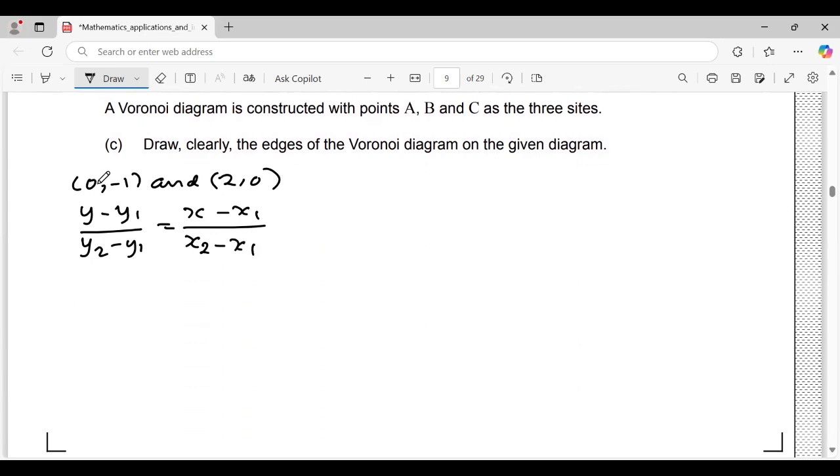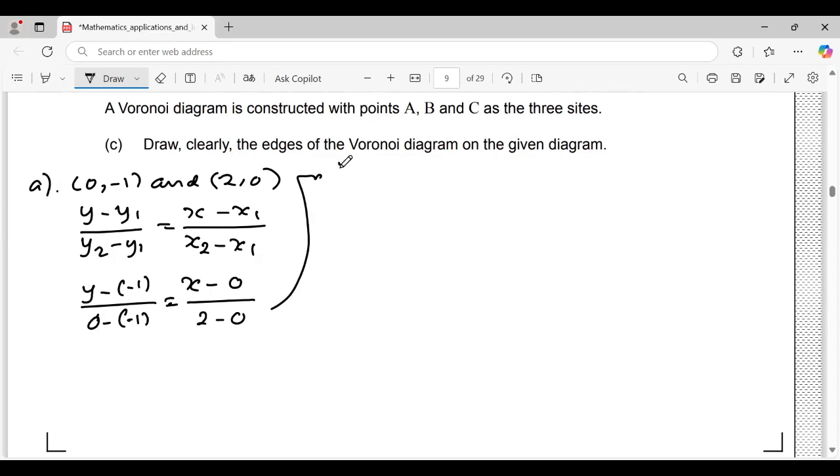So it's going to be y minus minus 1 over y2, this one, 0 minus 1, equals x minus x1, 0, over 2 minus 0. Okay.